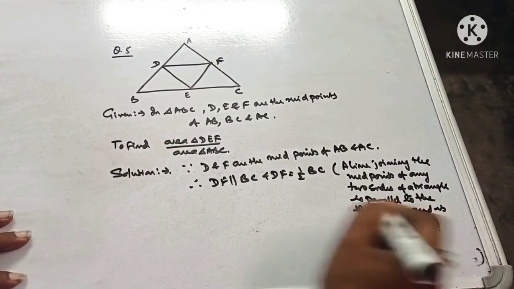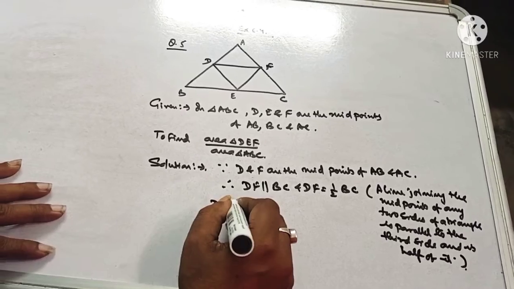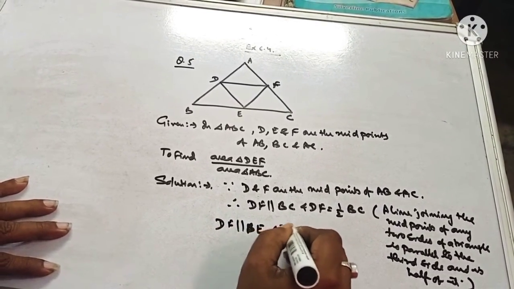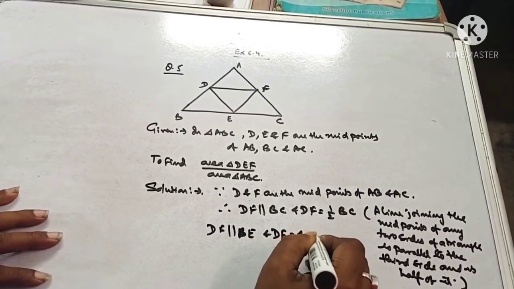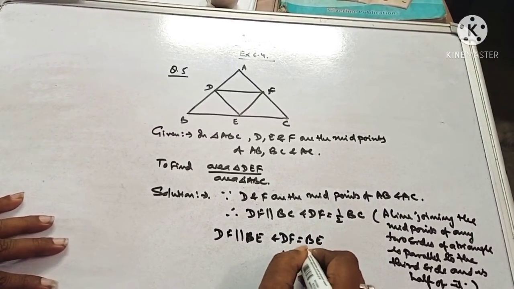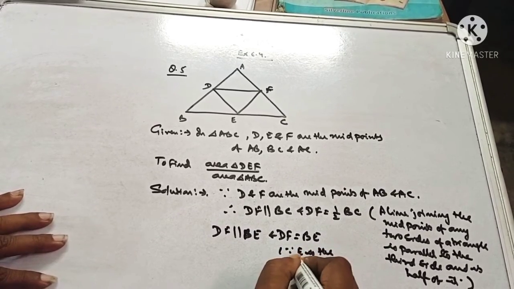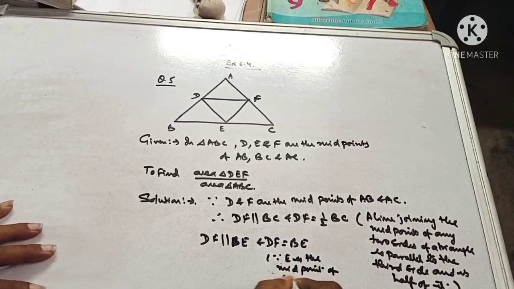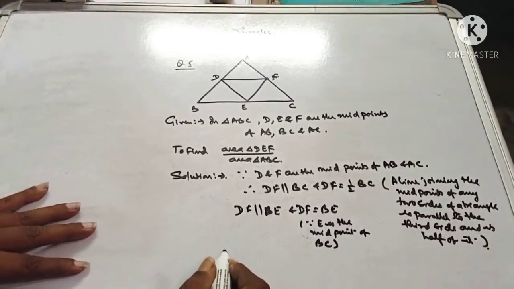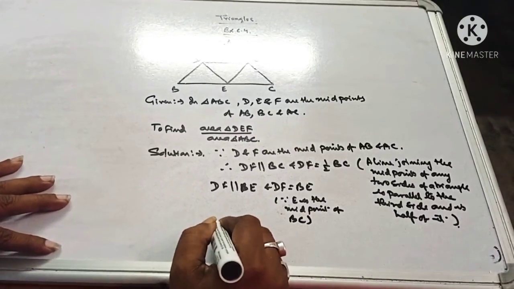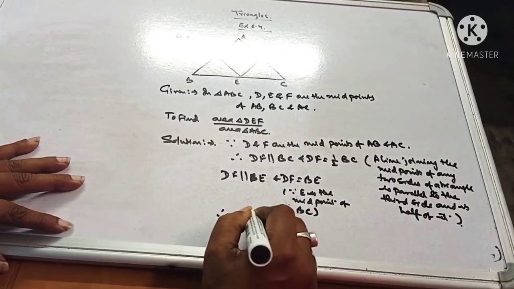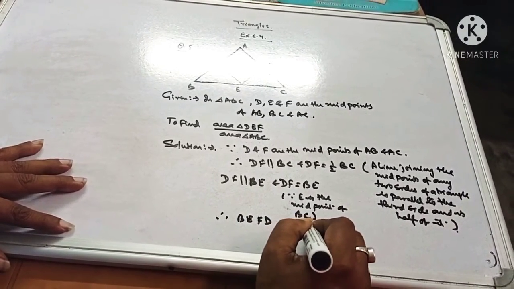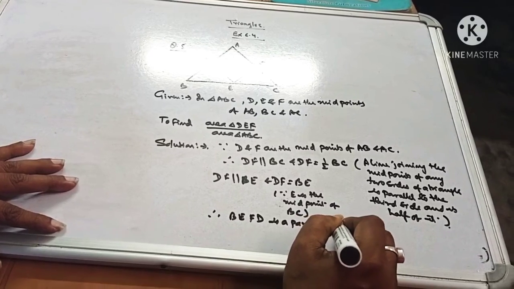So here, therefore DF is parallel to BE and DF is equal to BE, since E is the midpoint of BC. So what do you get here? Therefore BEFD is a parallelogram.